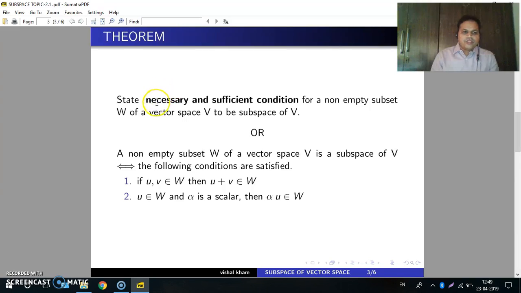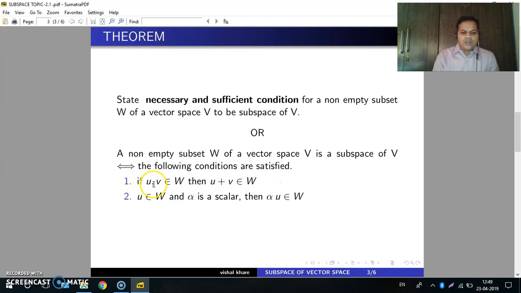Statement of a theorem. State the necessary and sufficient condition for a non-empty subset W of a vector space V to be a subspace of V. A non-empty subset W of a vector space V is a subspace of V if and only if the following conditions are satisfied. Condition number 1.